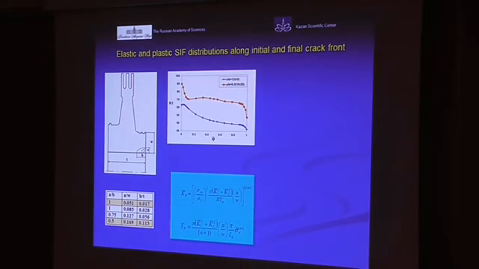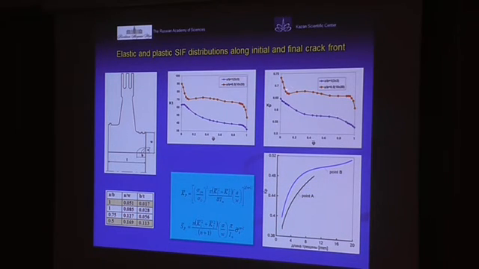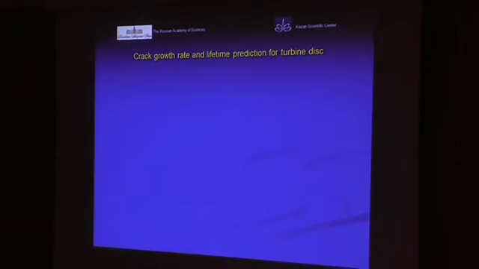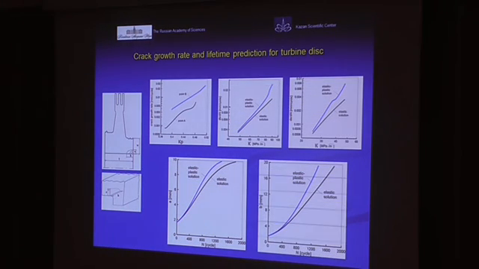And then this is a distribution of elastic and plastic stress intensity factor for the initial crack front position, from one free surface of the disk up to the inner surface of the slot. The red points are the final crack front position. And finally, you will see the fatigue length curve.